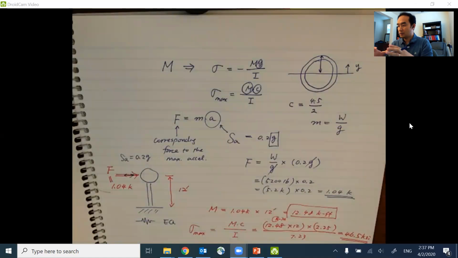Because the stress due to the earthquake was 46.5 ksi, which exceeds the allowable limit, the designer said it is not strong enough, so he or she decided to increase the size of the steel pipe. So that's the starting point.